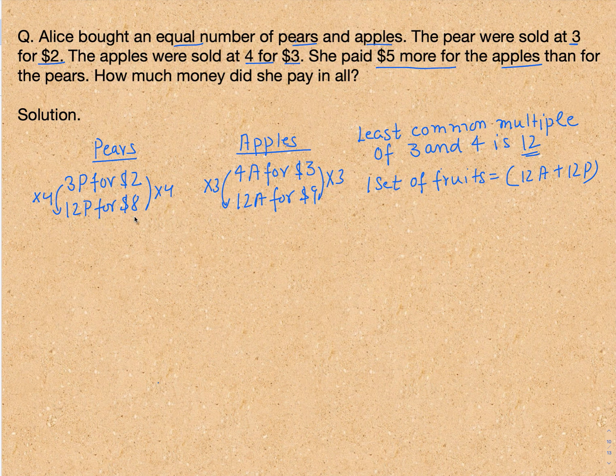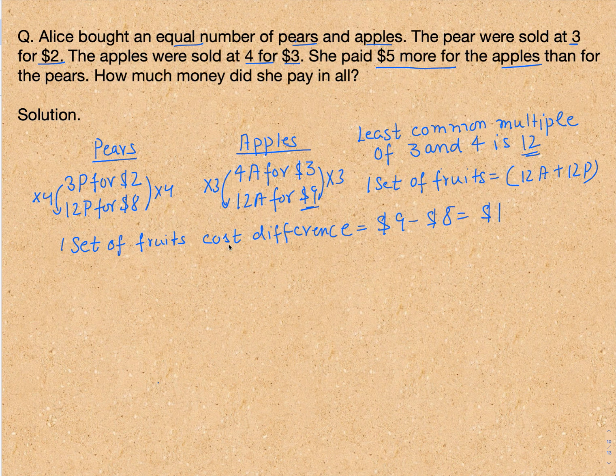For one set of fruits, what is the cost difference? One set of fruits means 12 pears and 12 apples, so the difference between the cost of 12 apples and 12 pears is $9 minus $8, which is equal to $1.